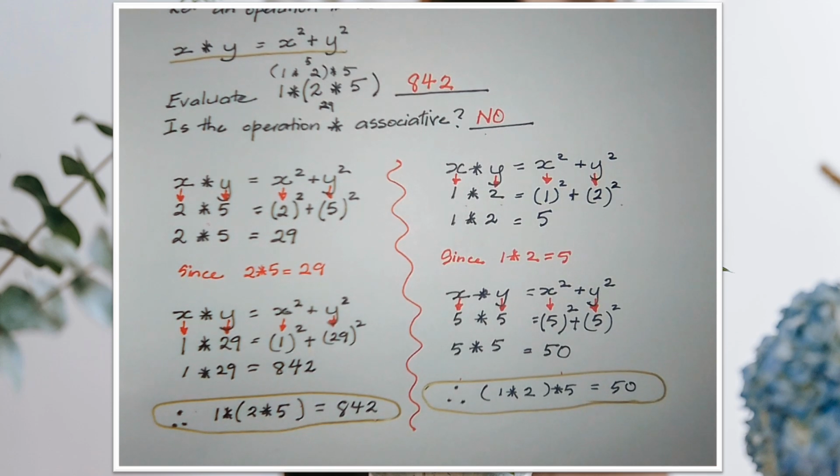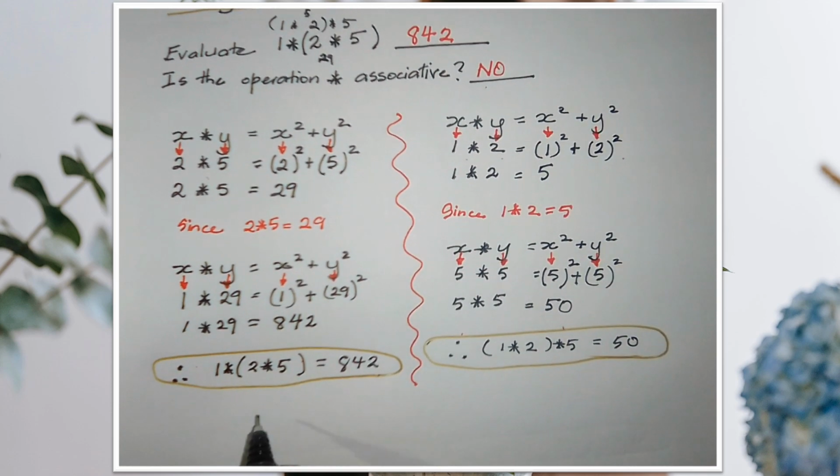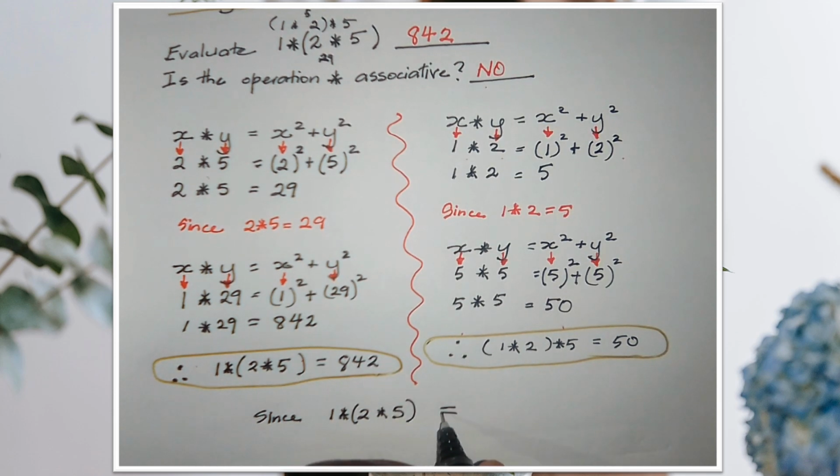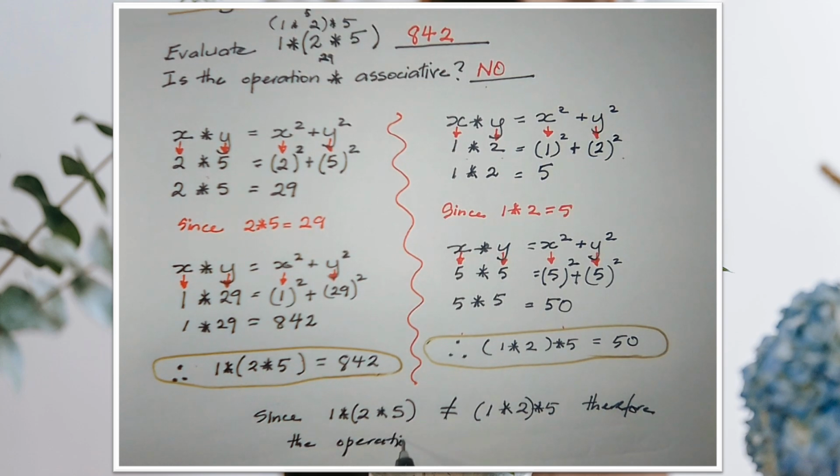So we're going to say, since 1 asterisk (2 asterisk 5) is not equal to (1 asterisk 2) asterisk 5, therefore the operation star is not associative.